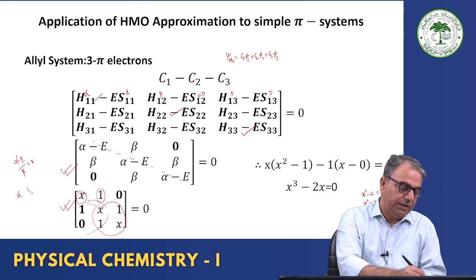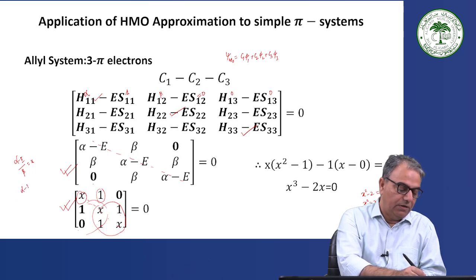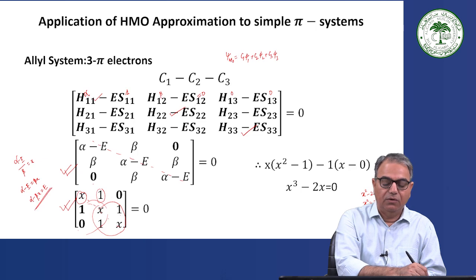Sorry for my poor handwriting, but alpha minus E divided by beta is x, so alpha minus beta x is equal to E. Just put the value of x here into alpha minus beta x and you will get the energy.